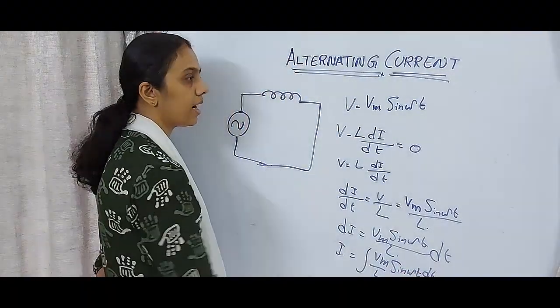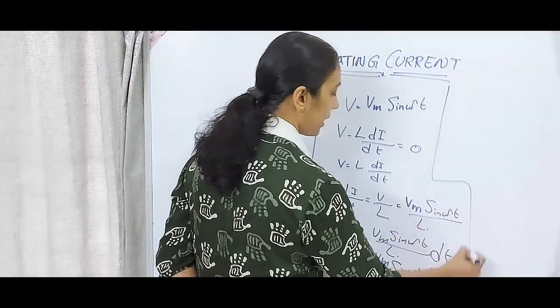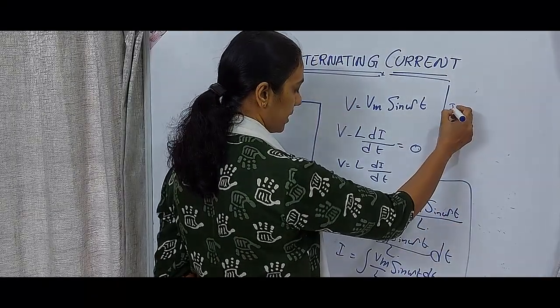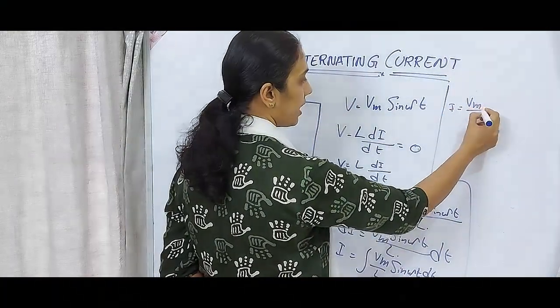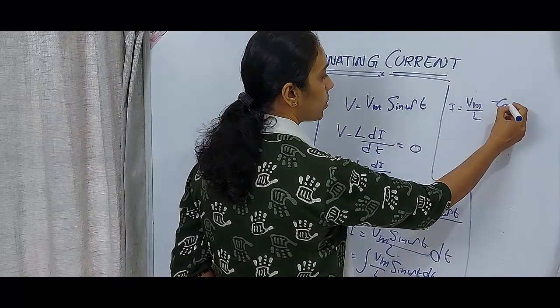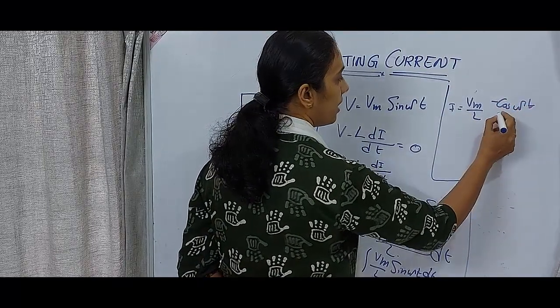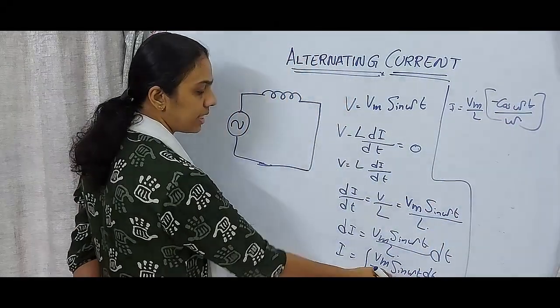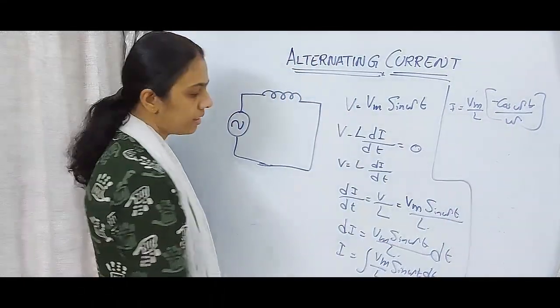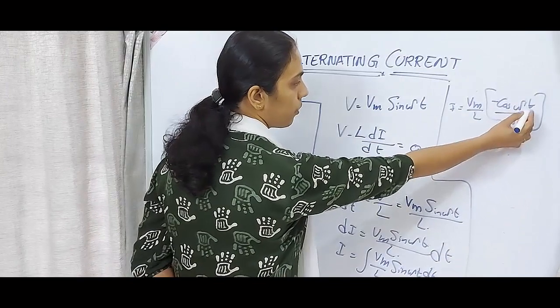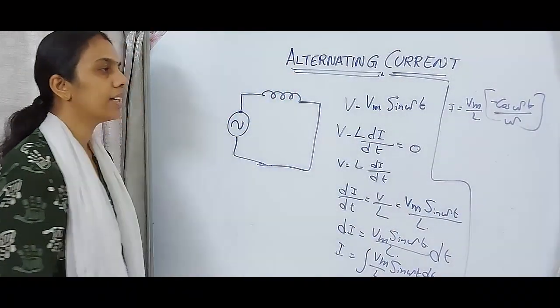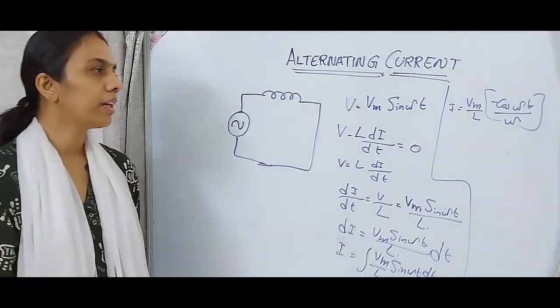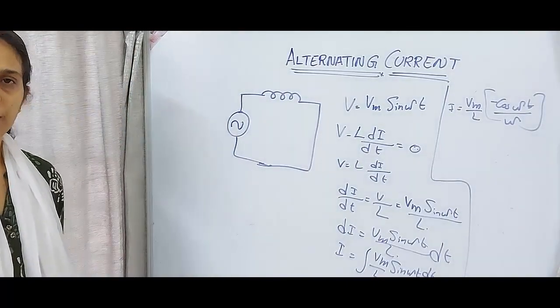The integral of sin theta is minus cos theta. So we will get Vm by L into minus cos omega t divided by omega, because we should differentiate and divide: omega is the derivative of omega t, and we are dividing by that. So minus Vm by omega L into cos omega t.